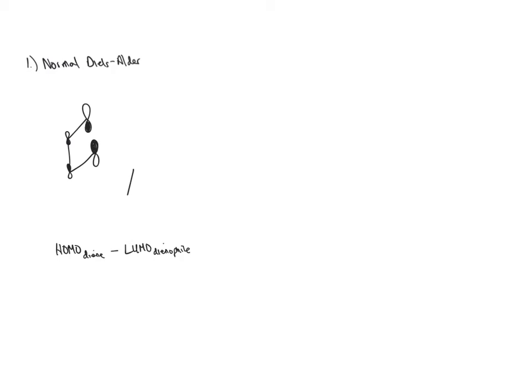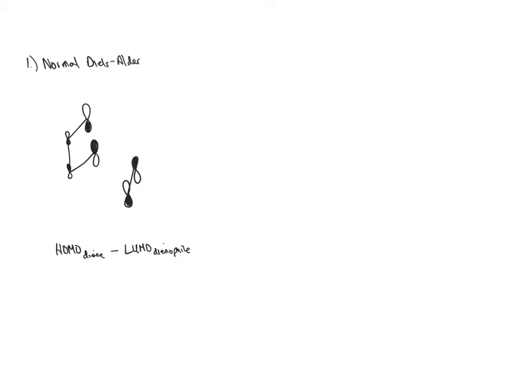Next, I'm going to draw the orbitals for the LUMO of the dienophile. Okay, so the LUMO of the dienophile looks like this. We've got shading on one side and shading on the other side. And we could, of course, rotate this 180 degrees clockwise, for example.